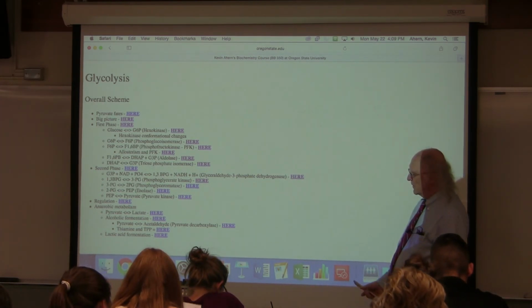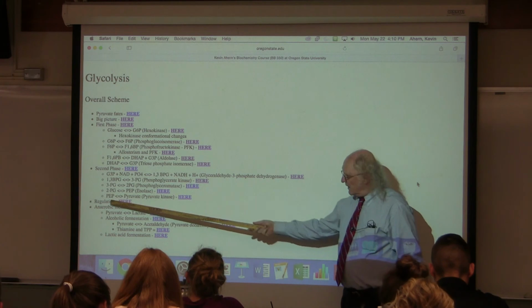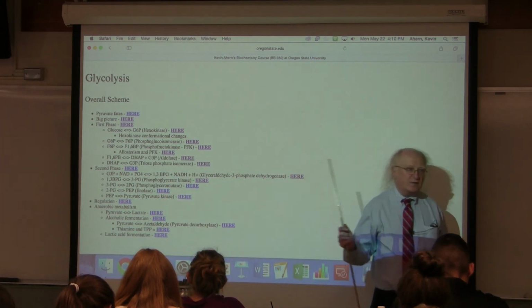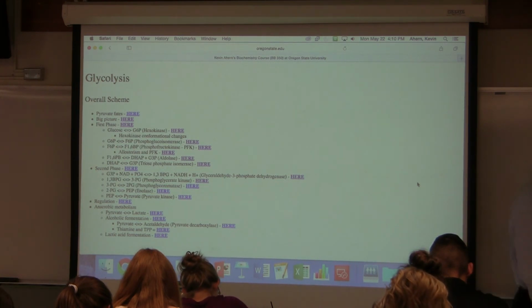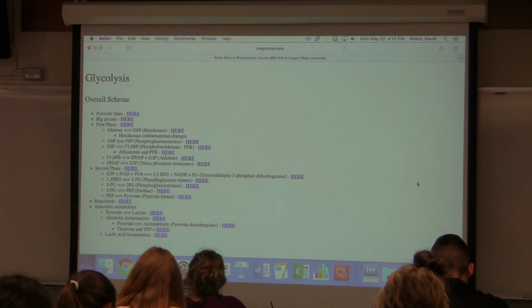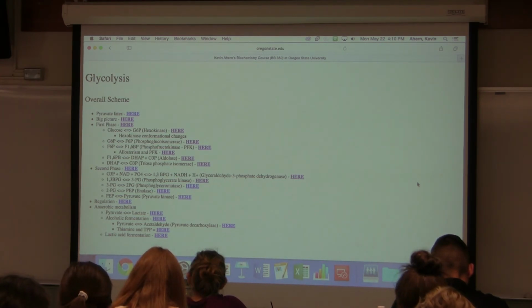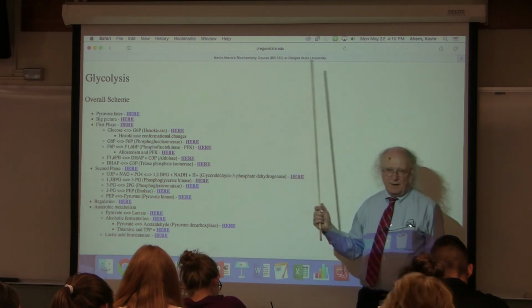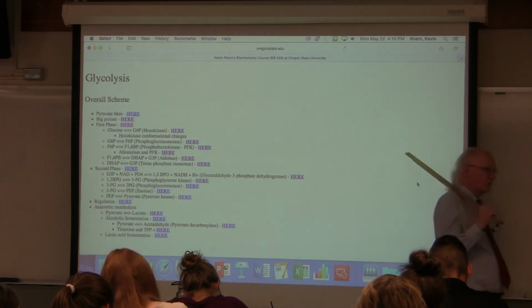The last step is this reaction here, catalyzed by pyruvate kinase, and this is the reaction I call the Big Bang. The delta G 0' for this reaction is one that I showed you earlier in terms of the high energy molecules. It is about minus 32 kilojoules per mole.